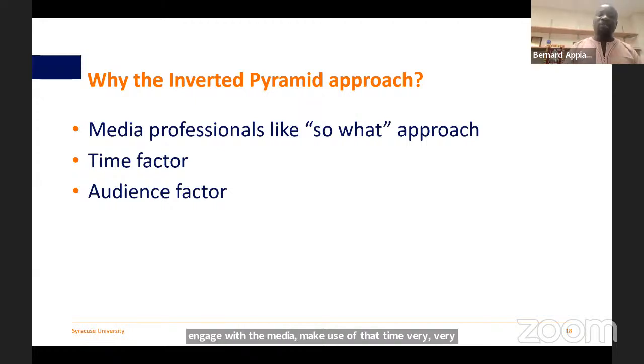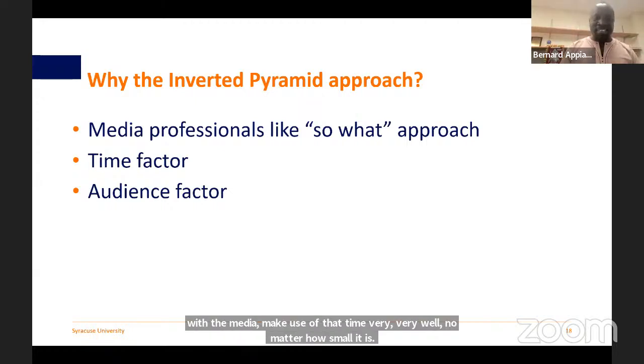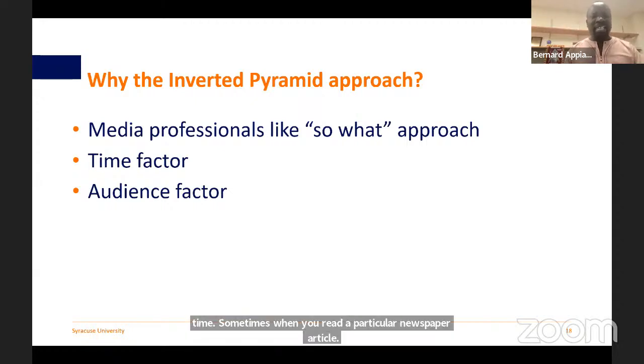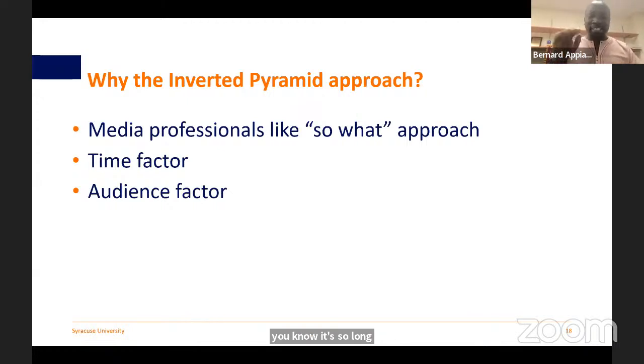We also have what we call the audience factor. People may be exposed to so many things around the same time. And so you can't be talking about the same issue for a very long time or writing on something for a long, long time. Sometimes when you read a newspaper article, it's so long and you don't even have key points or short subtitles.